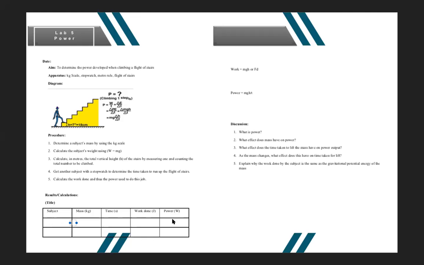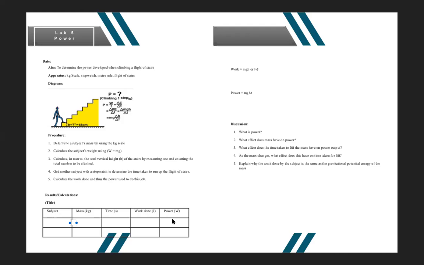They exerted less power because they went up the steps in a larger amount of time, which would be 81. So they had a power of 81. So you can compare the power based on the amount of time that the person took and also the mass as well.